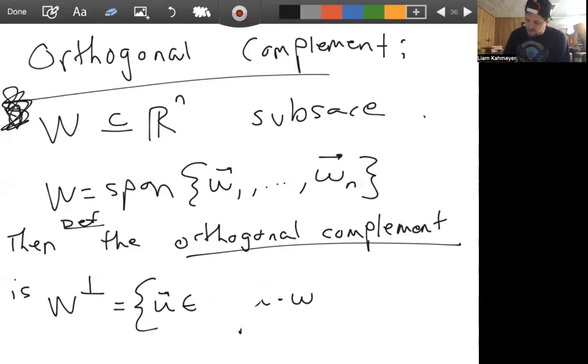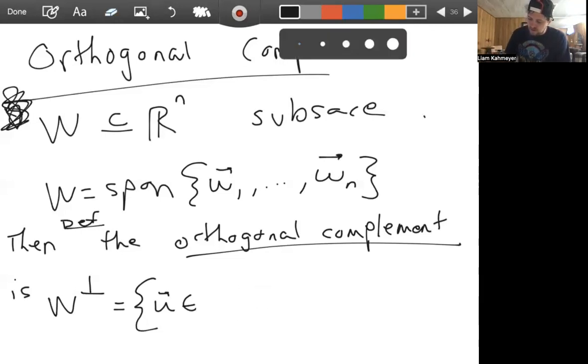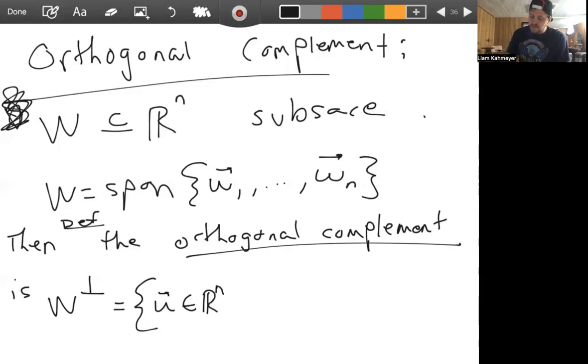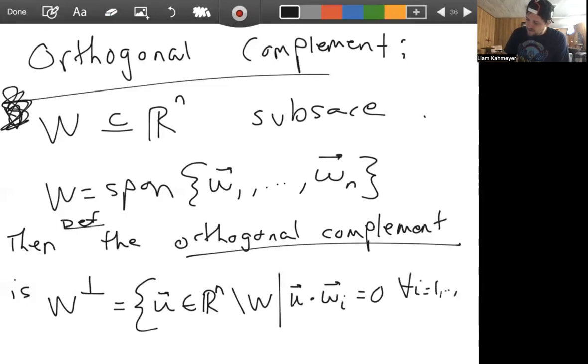Let me be more precise because we want these not to be in W, right? So these are vectors u in the complement of W, but it's not all of them. It's not the entire complement, right? It's just the collection of vectors that are orthogonal, such that u dot wi equals 0 for all i from 1 to n, right?